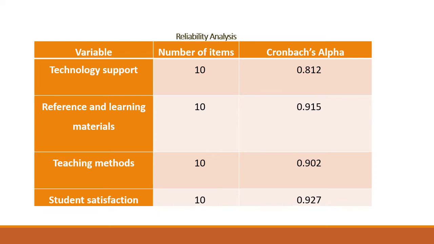Based on the Cronbach's alpha result, the highest value comes from student satisfaction, which is 0.927, and the lowest comes from support, which is 0.812. Overall, every Cronbach's alpha value for the 4 variables is more than 0.6, so we can conclude that this measurement is reliable.